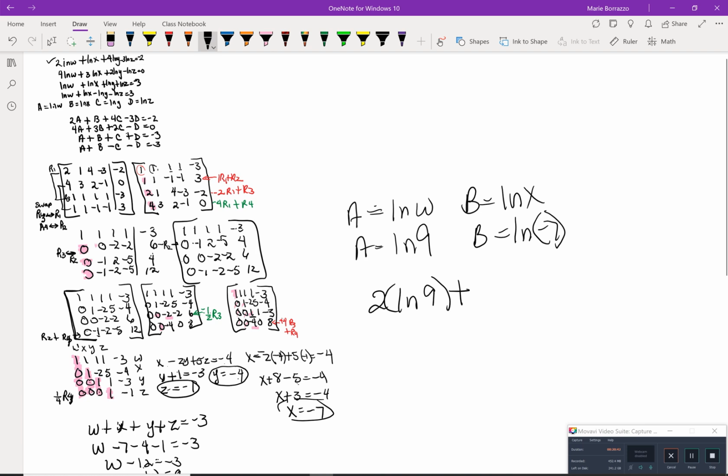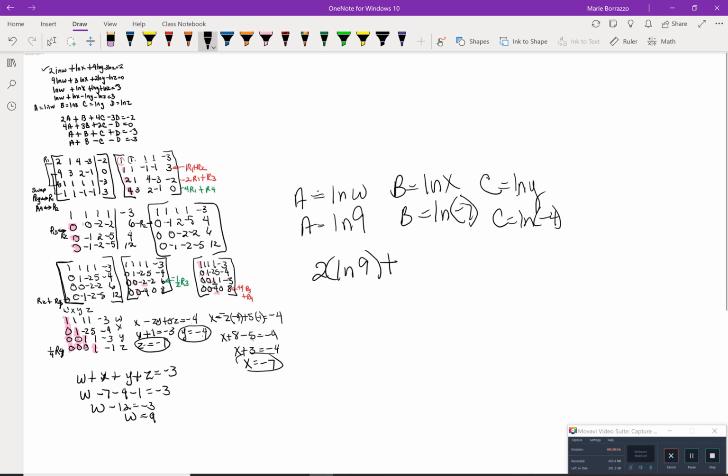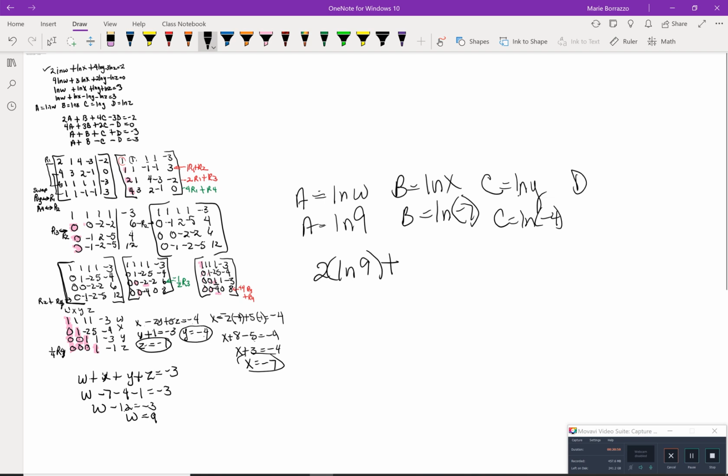For C, we have C is equal to natural log of Y. And according to our Y, it's negative 4. So C is equal to natural log of negative 4. And for D, we have D is equal to natural log of Z. So that means that D is equal to the natural log of negative 1.